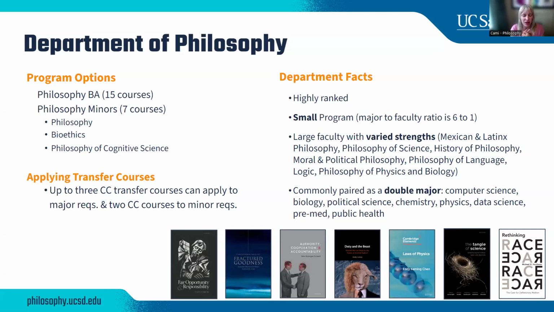So we regularly teach classes in Mexican and Latinx philosophy, philosophy of science, and history of philosophy over 2,000 years, from Plato and Aristotle and the Hellenistic philosophers all the way up to Kant.